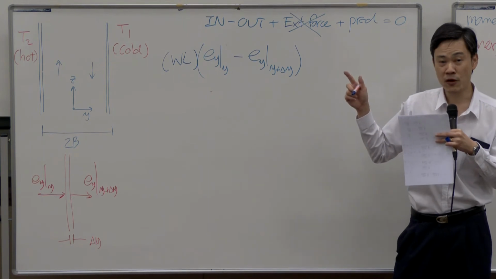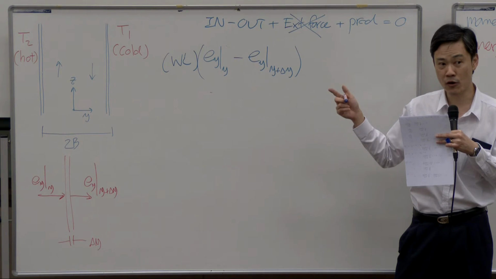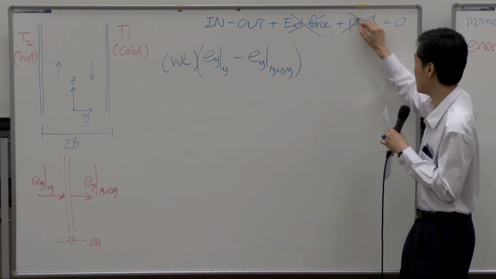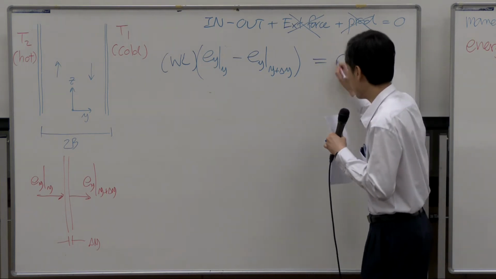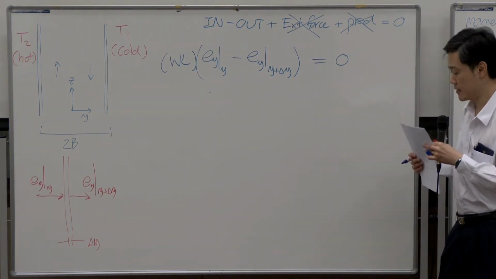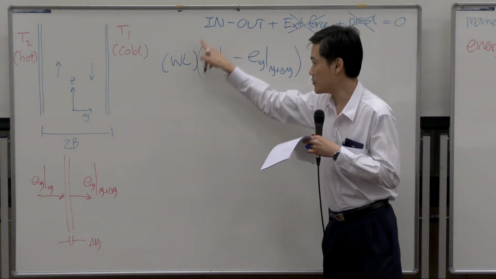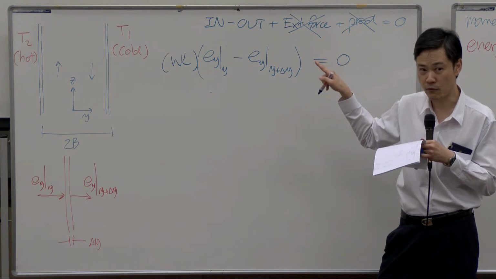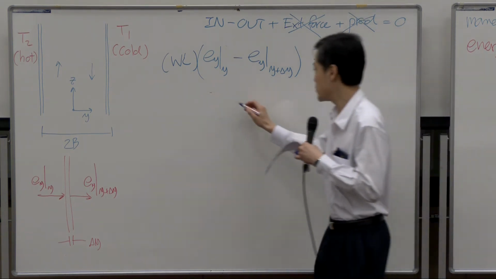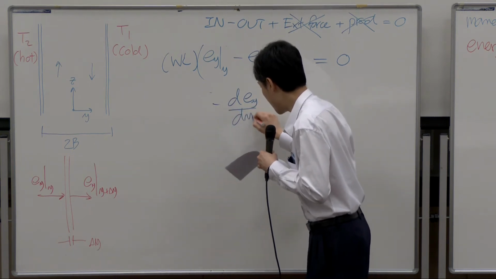There's no external work like electricity, no non-mechanical work in this case. So we will ignore this term. Okay? So it will be 0 as steady state. If you divide the whole equation by WL, this term will be gone. If you divide it by delta Y, taking limit delta Y approaching 0, you end up with minus dEy by dy equal to 0.